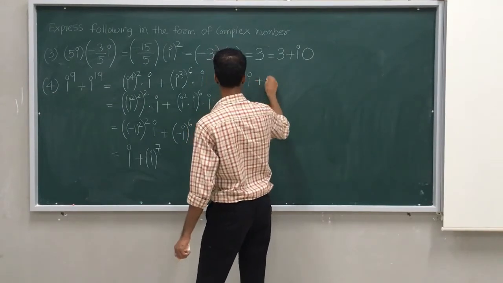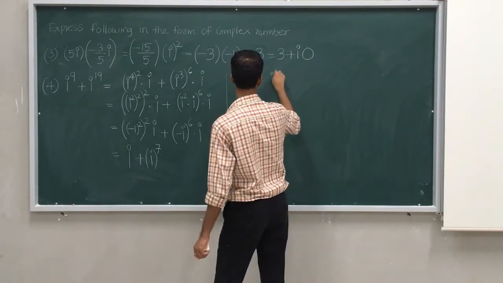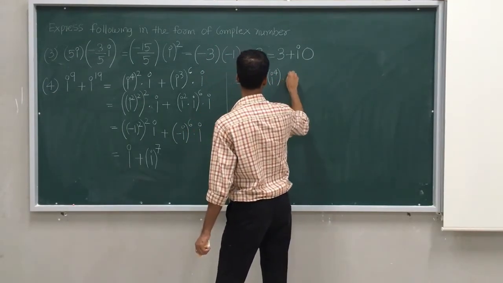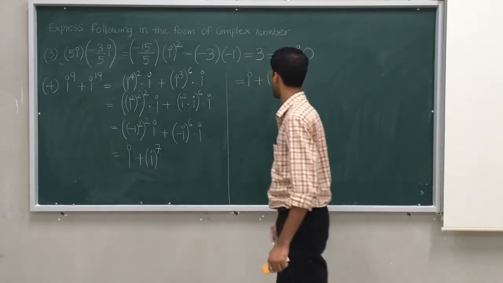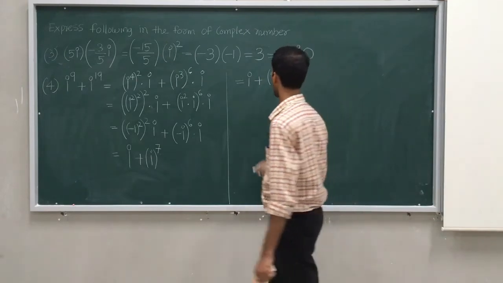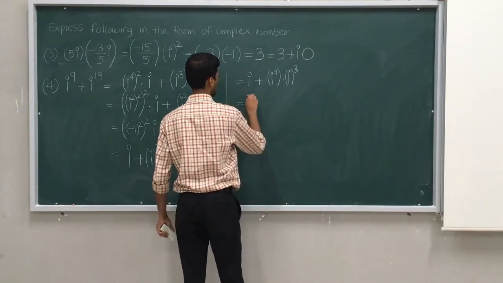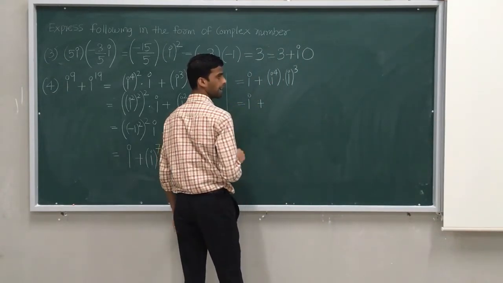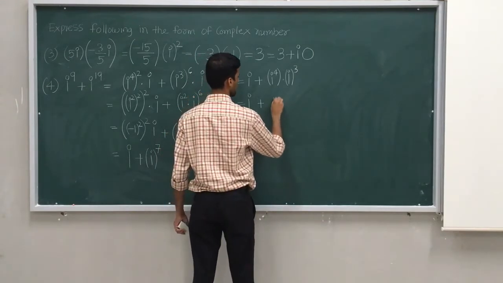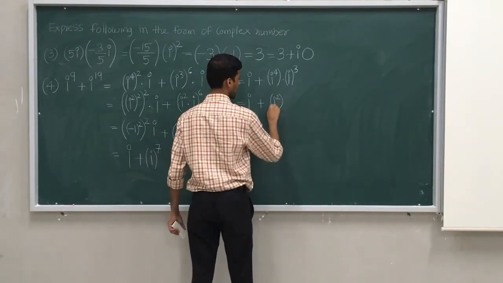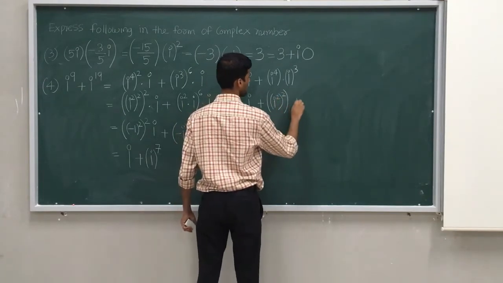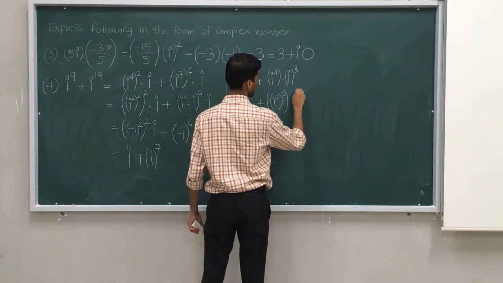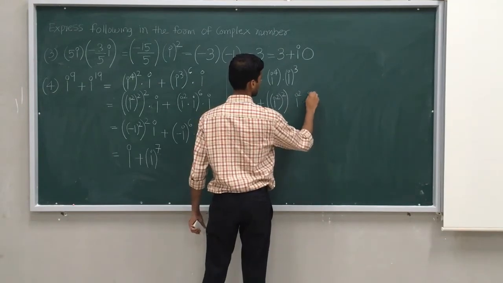Okay. Plus I will write it as i raised to 4 into i cube, right? Because a power m into a power n is a power m plus n. So we'll write it as i plus i raised to 4, which can be written as, if you know the answer directly, it is i square the whole square, okay, into i square times i.